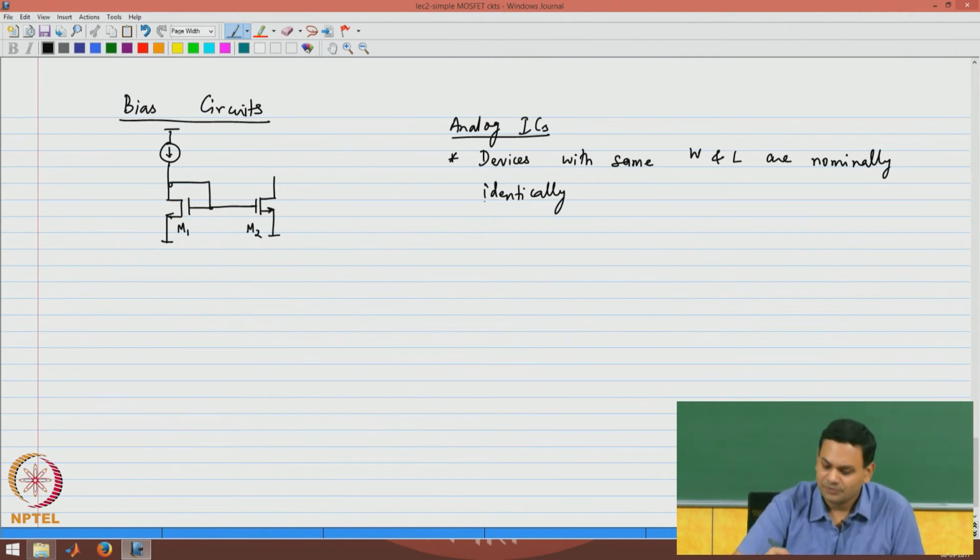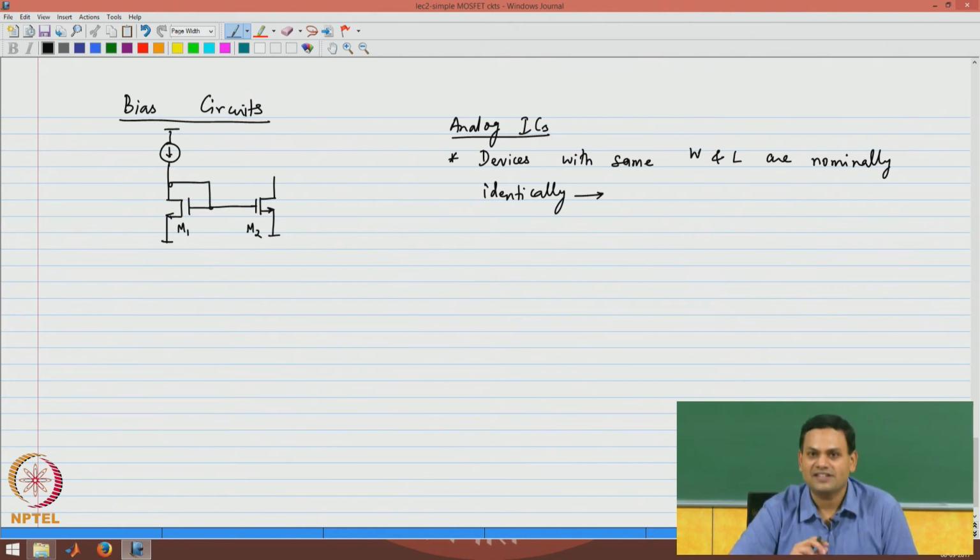What does this mean? This means the behavior of two such devices is identical with respect to the device parameters. So, they will nominally have the same mobility, same oxide capacitance and same threshold voltage.